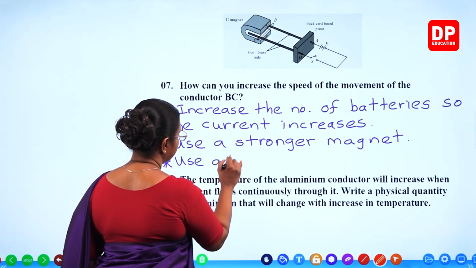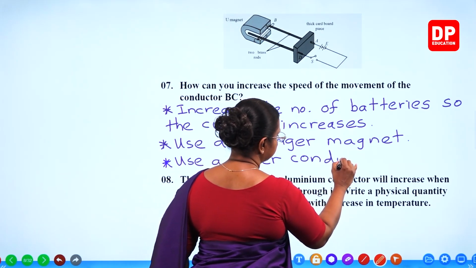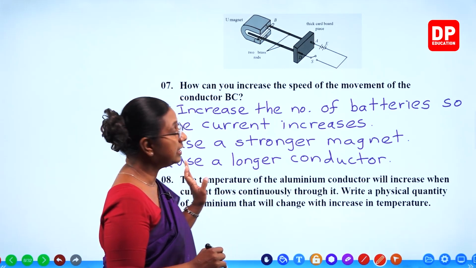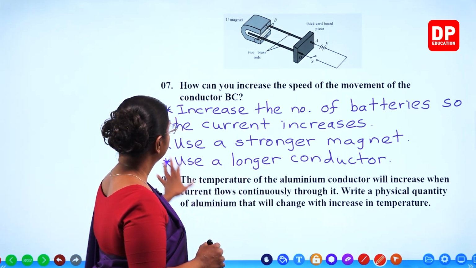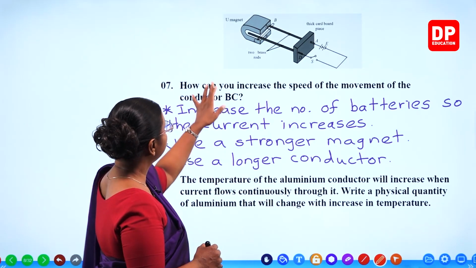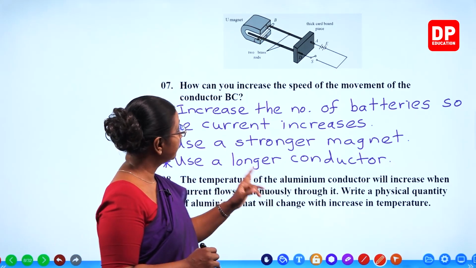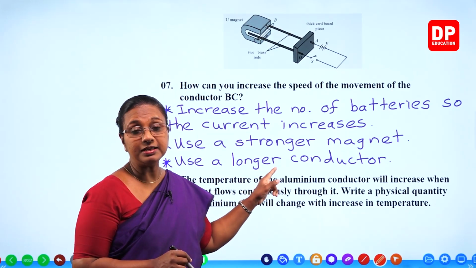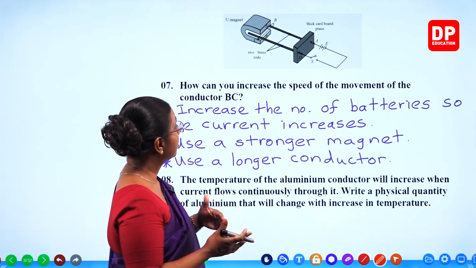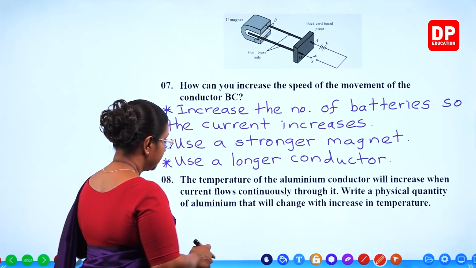Use a longer conductor. So 3 ways in which we can increase the speed of movement. So the easiest is to increase the number of batteries so that we don't need to change the magnet and the aluminium conductor BC. Otherwise, we will have to change the magnet as well as the conductor. So then also the speed of the movement will change. Is that clear, students?